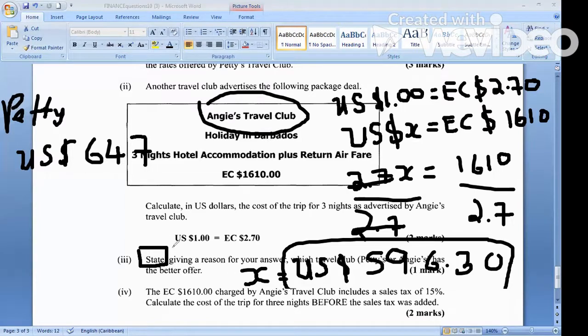You just say because it is X amount cheaper. It wouldn't be $100, it'd be 50 something, $50.70. So you say Angie's has a better offer because it is $50 odd cheaper.